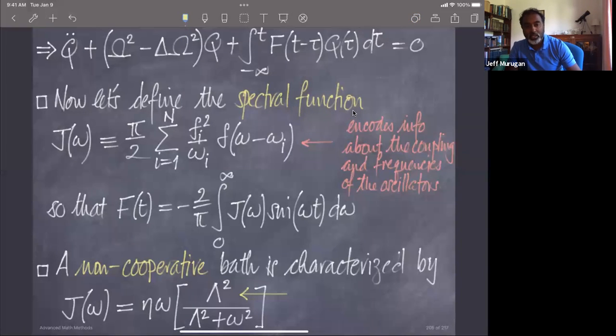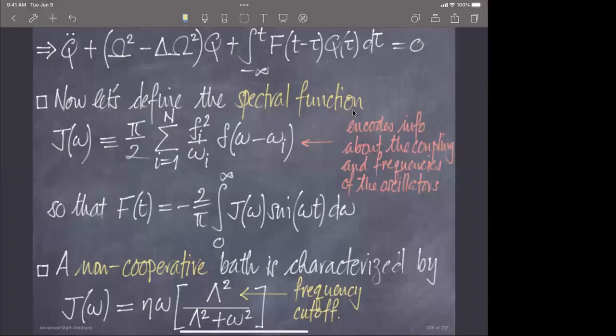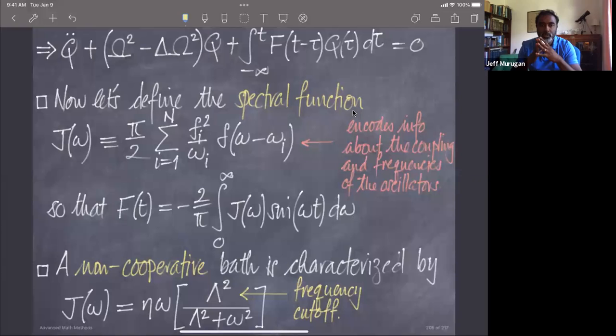The lambda here is a frequency cutoff that is going to regulate the system for us in such a way that integrals are going to converge. Remember, we're doing an integral for f of t in frequency space. If we integrate out to infinite frequencies, we'll find that the integral diverges. So to prevent this divergent integral, we regulate the integral by adding a frequency cutoff.